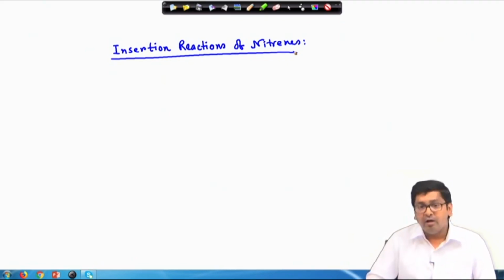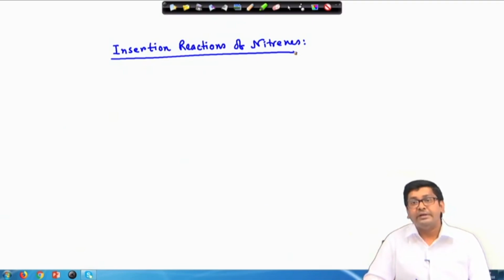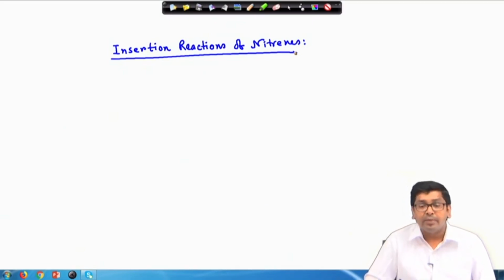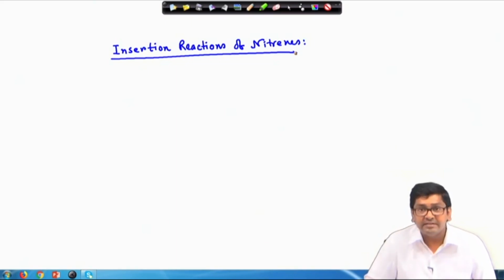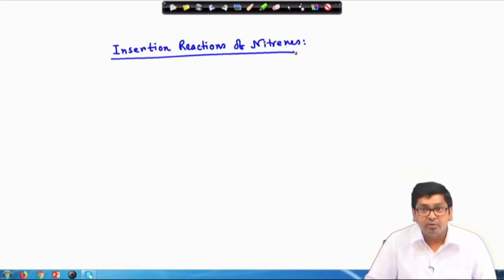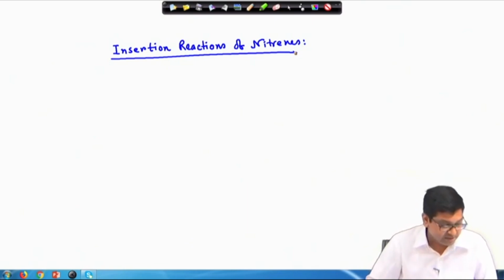Because the generation of carbon nitrogen bonds via carbon hydrogen bond functionalization is a very important topic, because in this way we can make various types of pharmaceutically active or bioactive compounds. For that reason, to make these carbon nitrogen bonds in a step economic way, these reactions are very important, because you can take some unactivated carbon hydrogen bonds and insert these electron deficient nitrene species.